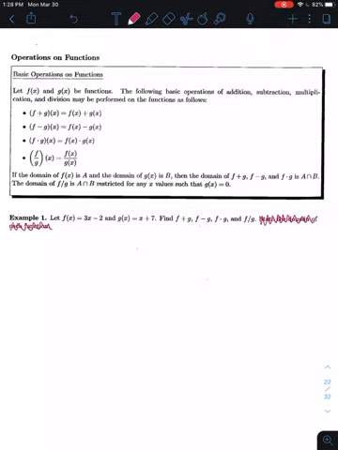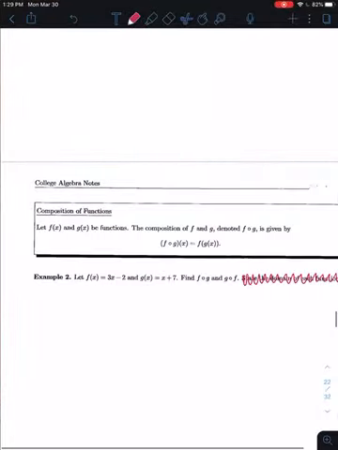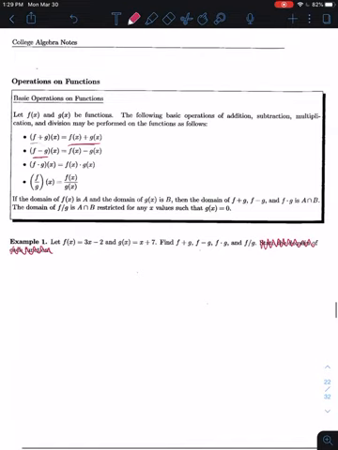(f + g) in parentheses means you take the two functions and add them together. If you have f minus g of x, sorry about that. So (f + g)(x), you write it in that form. (f − g)(x) is f(x) minus g(x). Same thing for multiplication, f(x) times g(x), and then division.